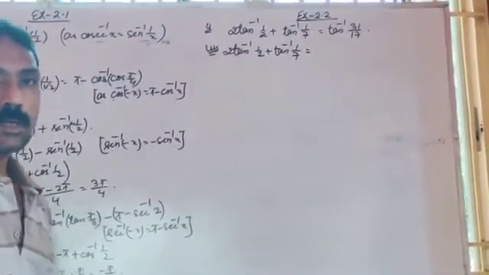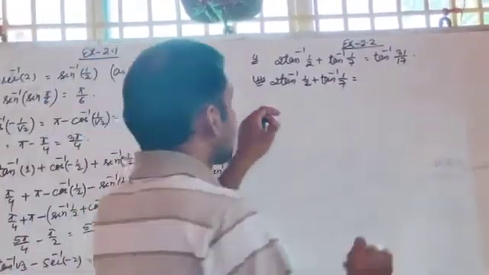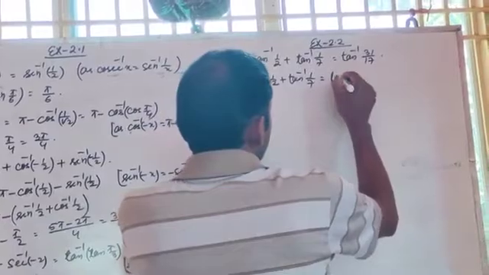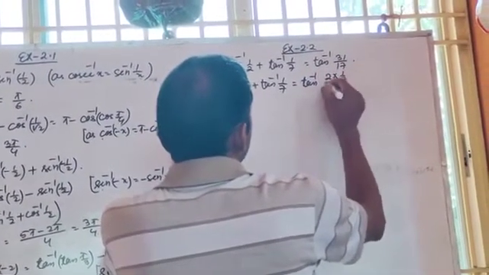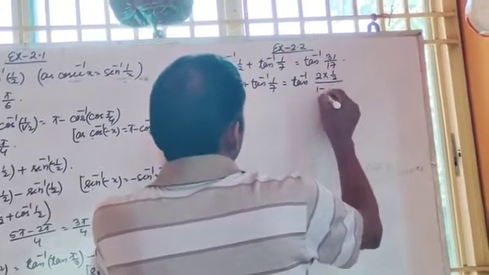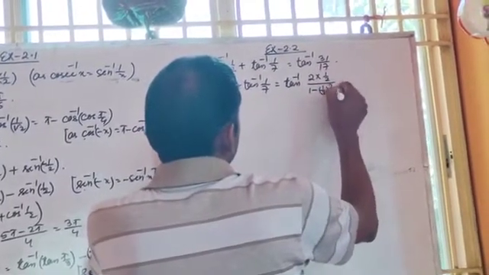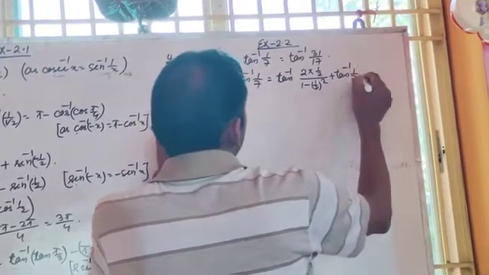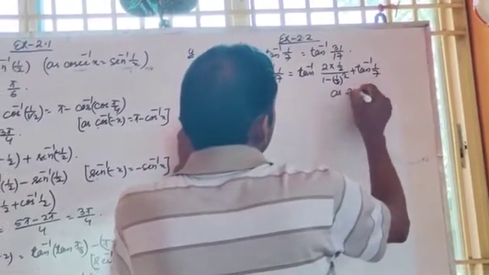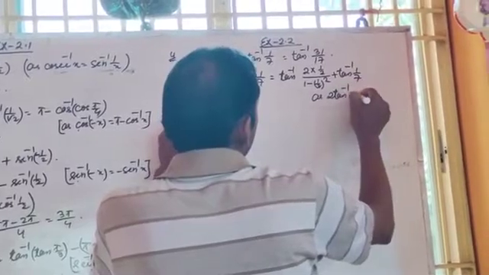Now 2 tan inverse x is tan inverse 2x by 1 minus x square. So x is 1 by 2: tan inverse 2 times 1 by 2 over 1 minus x square, plus tan inverse 1 by 7.